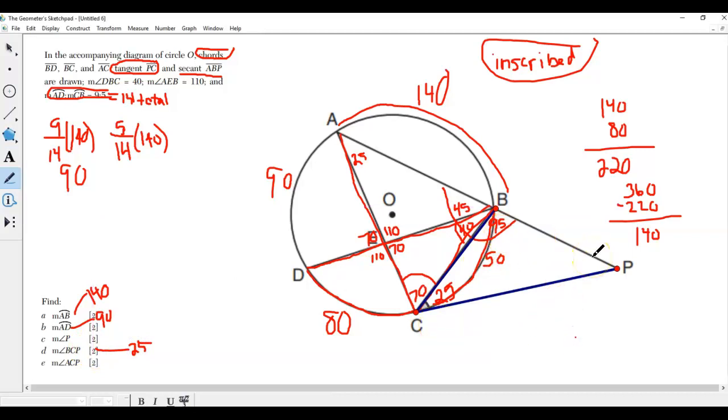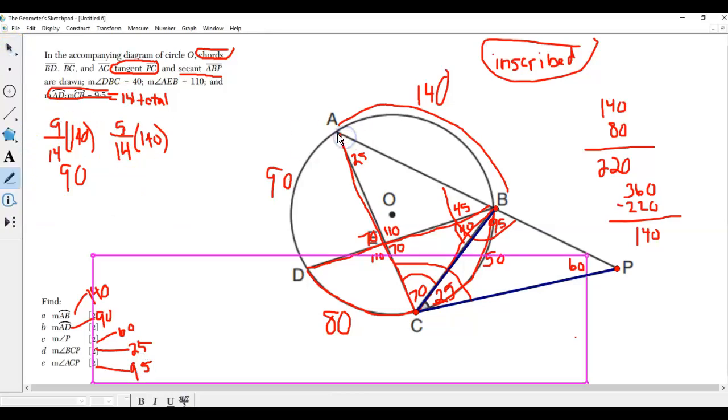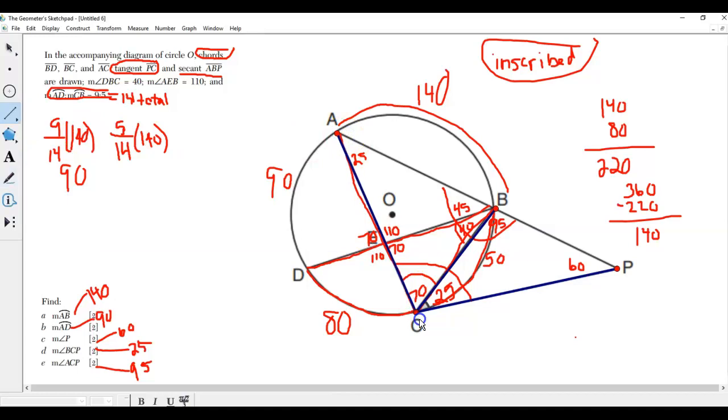Even if I did not know that, I could go: this is a chord, and this here is a tangent. So if I want to find all of that angle here, if I didn't see triangles, I would have to take half of this arc, half of 190, that gets 95.